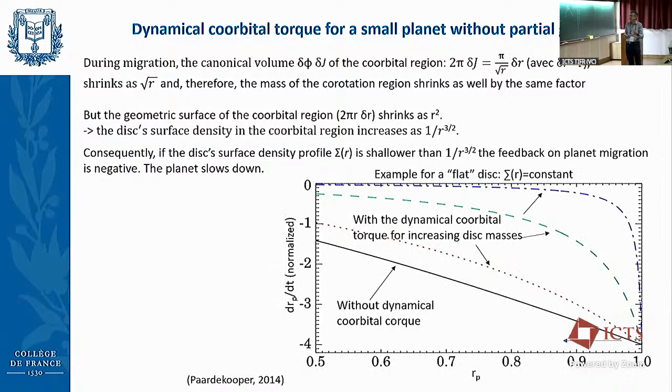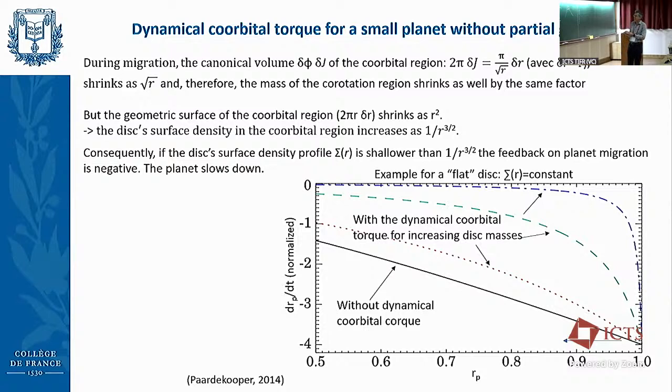And this is illustrated here. So we have a planet, initially at 1, that migrates. And this is the migration rate of the planet, normalized by some quantities. And this is what would happen without this dynamical co-orbital torque.